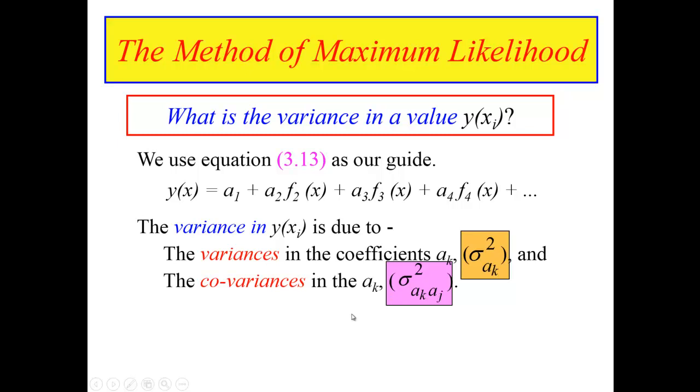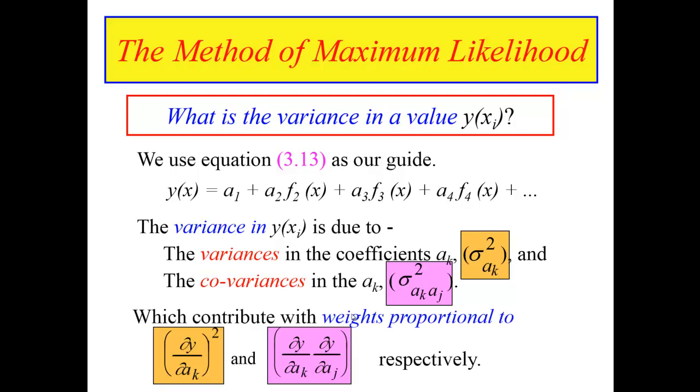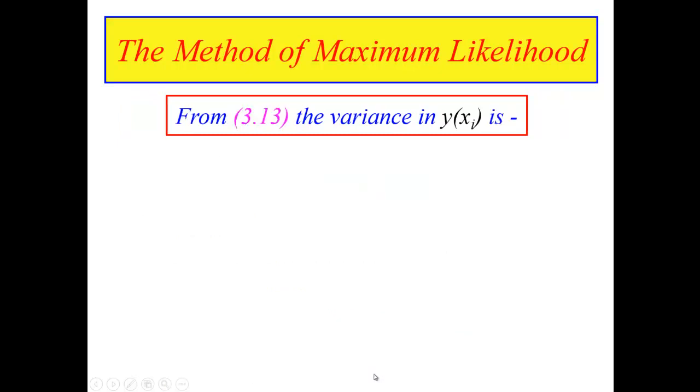And although in previous assignments we have often assumed that these covariance terms are either small or zero, in this case it's not going to be safe to make that assumption. So the terms that appear in our variance of y are going to have individual terms in it that have derivatives of y with respect to the individual fitting parameters.